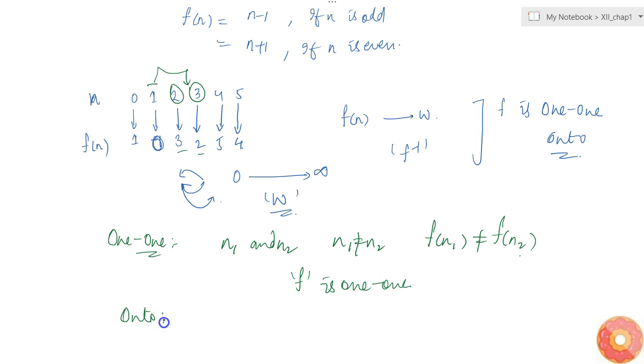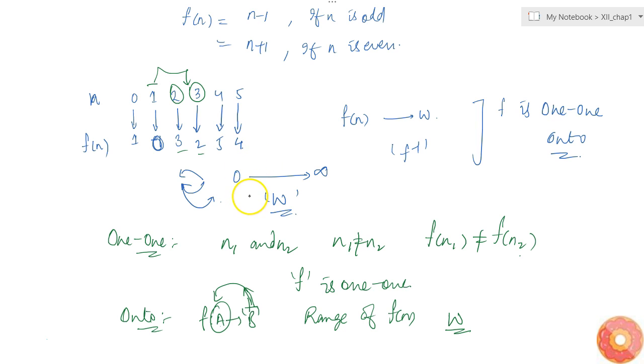For onto, what we need is, if f maps from A to B, then for the function to be onto, the whole of B must have an image from A. That means all the elements in B must have a pre-image in A. Otherwise we can say that the range must completely exhaust the set B. So the range of f of n must completely fill the whole numbers, which is what I showed you when we just read the question.